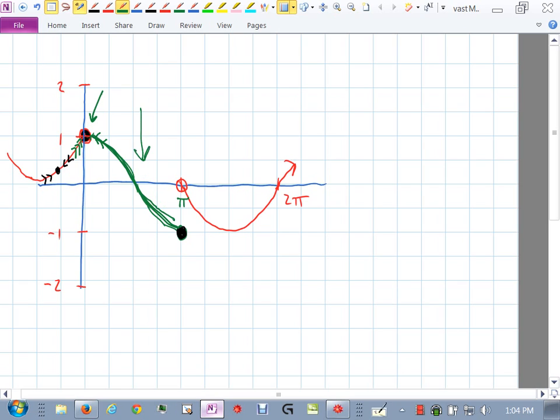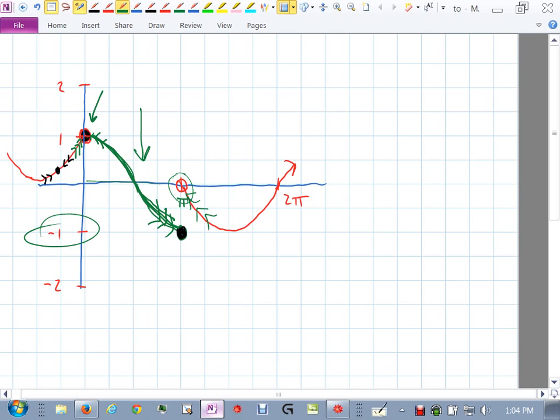Except when I get to this point right here at pi. Because if I come in from the left, I'm headed towards what? Negative 1? But if I come in from the right, where am I headed? Over here to 0. So because I have a jump or a break in the graph there, my limit will not exist there.